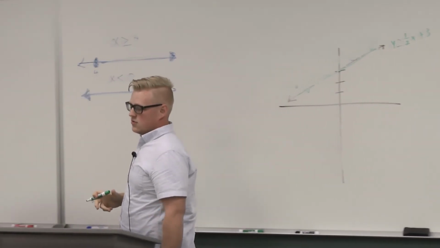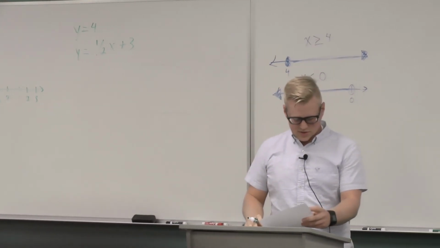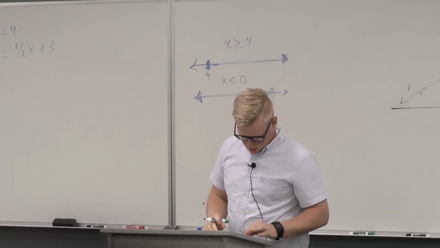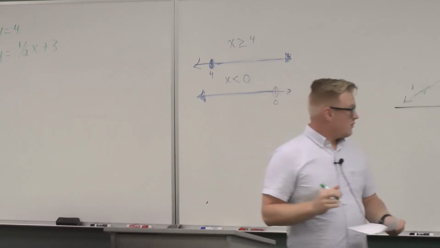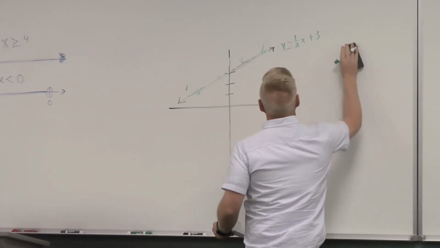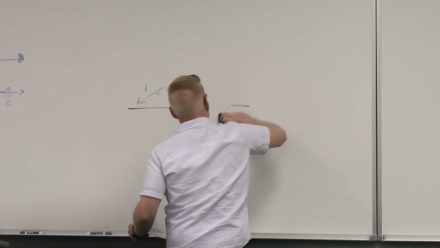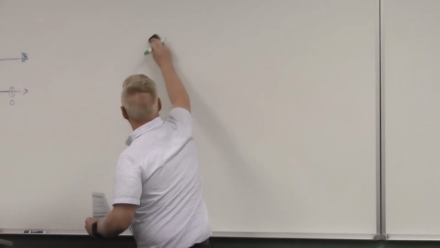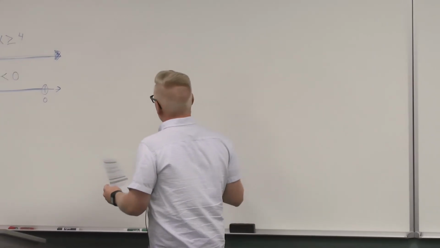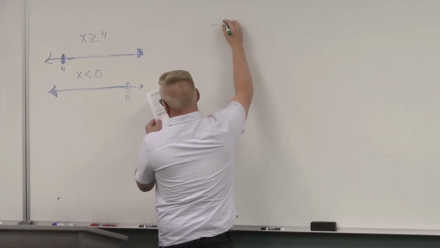Does that make sense? Okay. So now let's look at a couple of examples and see if you all remember how we can also manipulate linear inequalities. So let's graph this inequality right here.